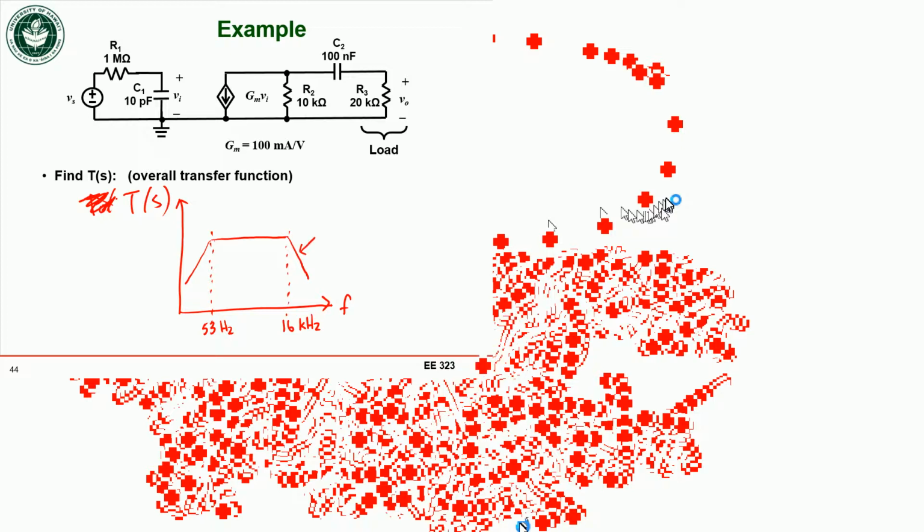And what's this decrease? What's the slope? These are single order, or single time constant, filters. One pole.